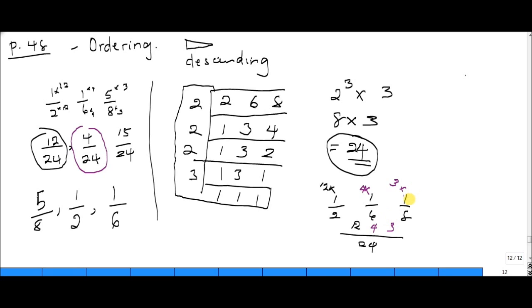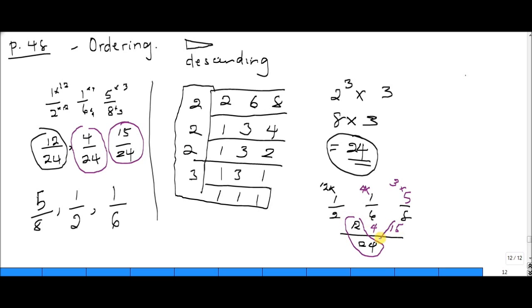No, I have something wrong here. This is not 1/8, it's actually 5/8. So 3 5s will give us 15. Right. So it would have been 15, which would be the same here. So 12 over 24, that's how they have it as one fraction.